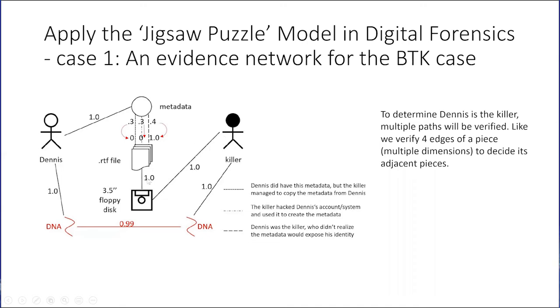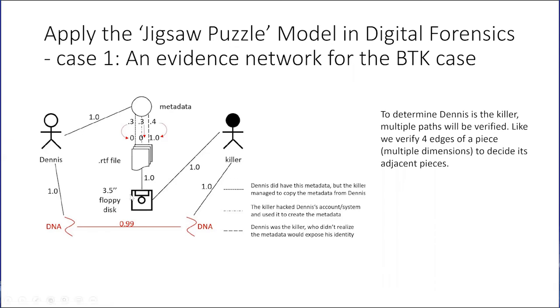And for each segment along the path, we can use one value to represent the correlation between two nodes. Like this one, because the killer sent the floppy disk, the correlation between the killer and the floppy disk is 1. That's a very high value.